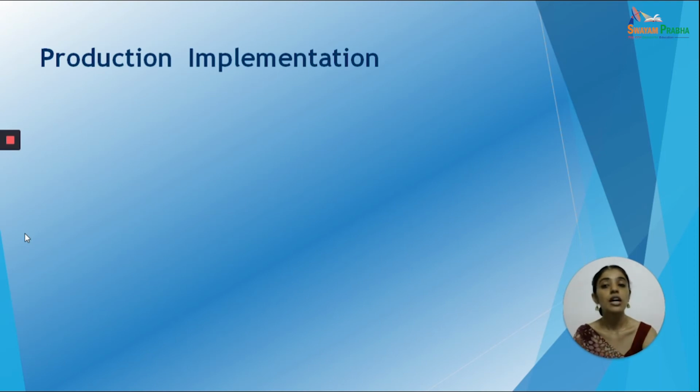Friends, next we move on to production implementation. After our creative implementation is done and ad copies are being prepared, after we have implemented our media planning and purchased media space and time, it's now time to understand how these advertisements are actually produced.